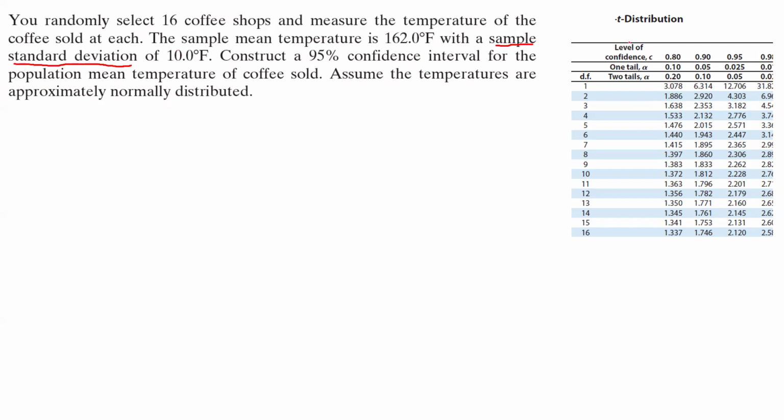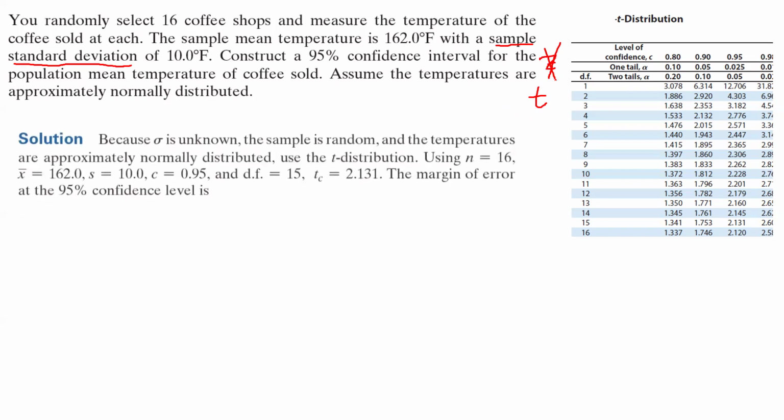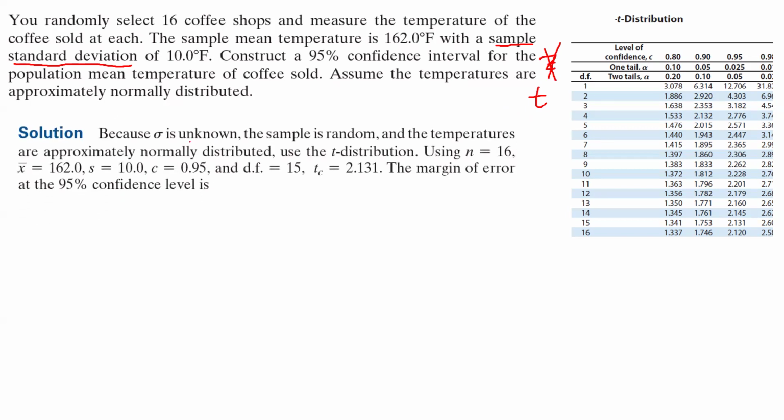So we have to use t, not z. We need to calculate the critical value t sub c, not z sub c. Z is not correct because we don't have information about the population standard deviation. Because sigma is not given to us, the sample is random and the temperatures are approximately normal, we're going to use the t distribution.